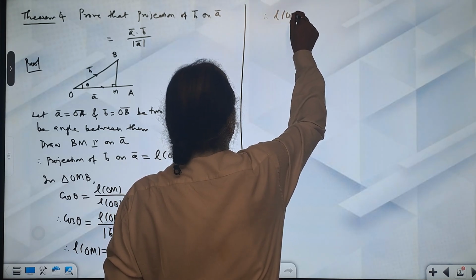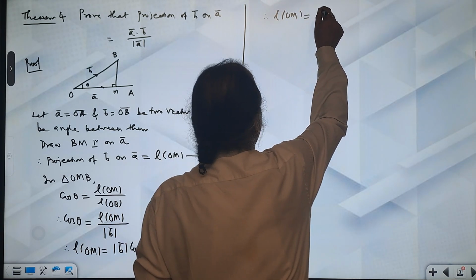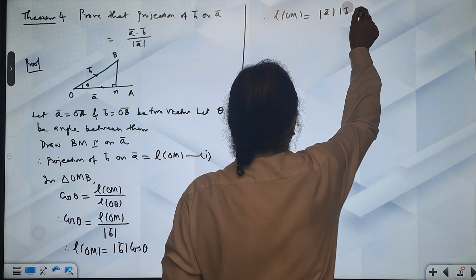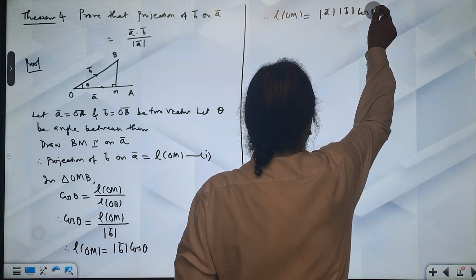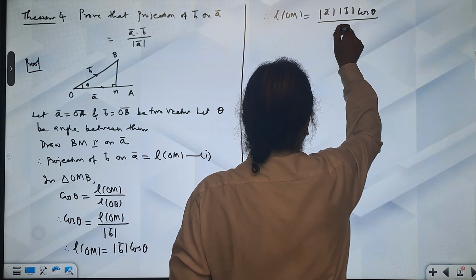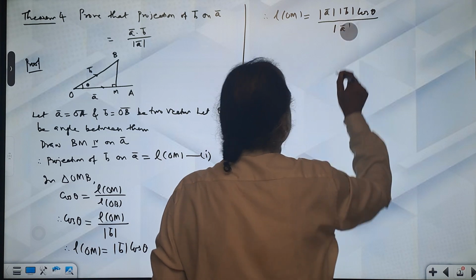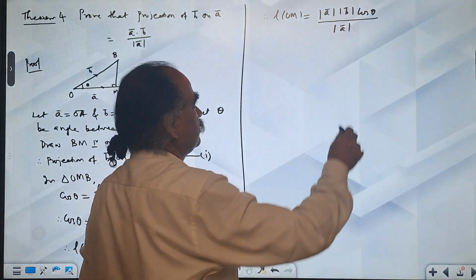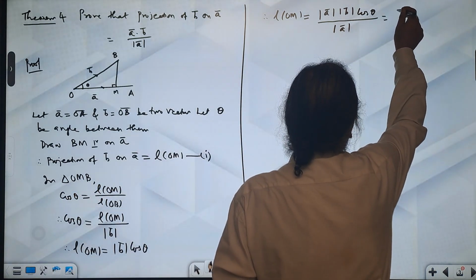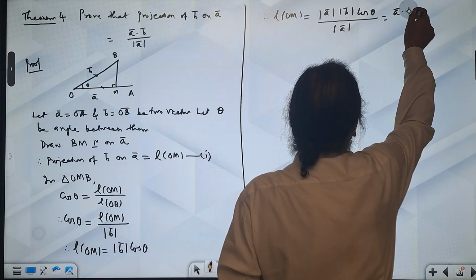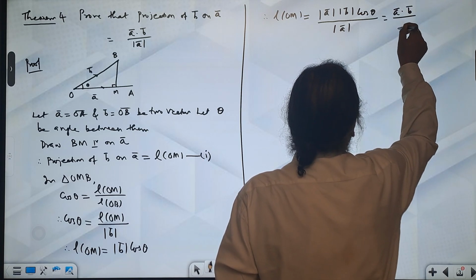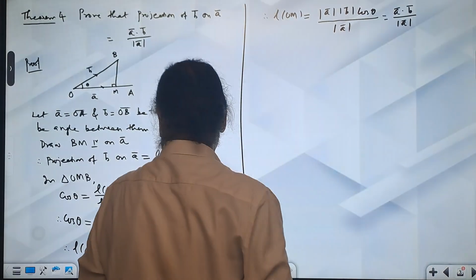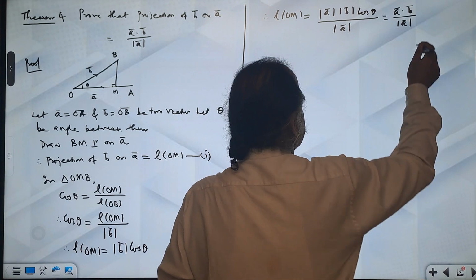Mod A bar mod B bar cos theta, multiply and divided by mod A bar. Now mod A bar mod B bar cos theta is what? A bar dot B bar upon mod A bar. This you write equation number 2.